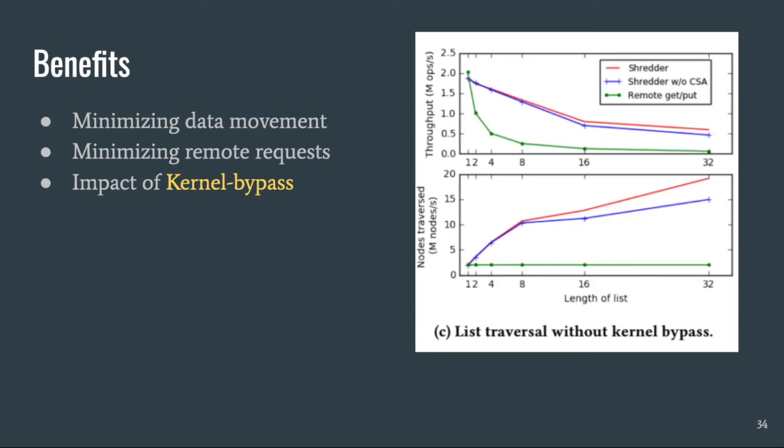An experiment is set on an application that traverses lists in the storage layer and returns the value at the end of each traversal. Without Shredder, the client has to iteratively read values from the database to find the key of the next node. Shredder performs significantly better as it eliminates data movement. This is the key to good performance.